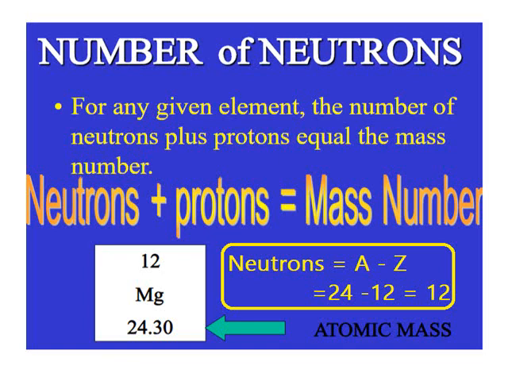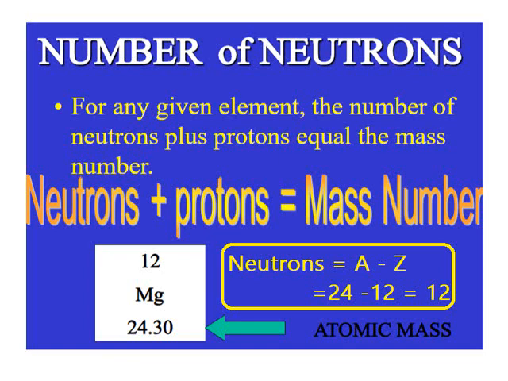The mass of an atom is given by the nucleons. So it is calculated with the number of neutrons and the number of protons. You just add the number of neutrons and the number of protons, and the number that you get is the mass number. So for any given element, the number of neutrons plus the number of protons gives the mass number.